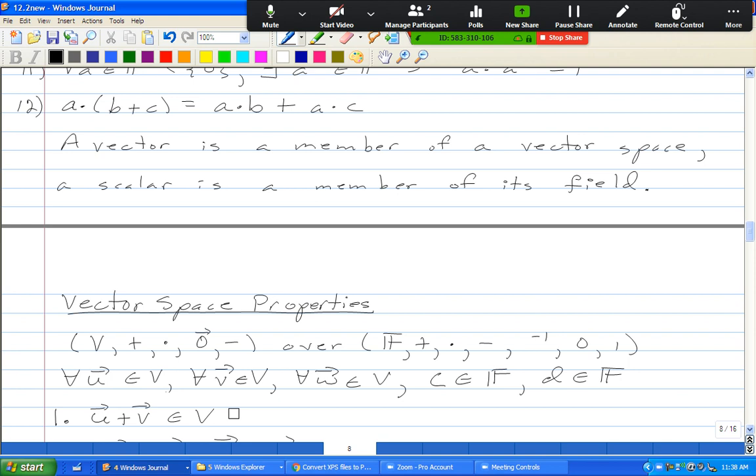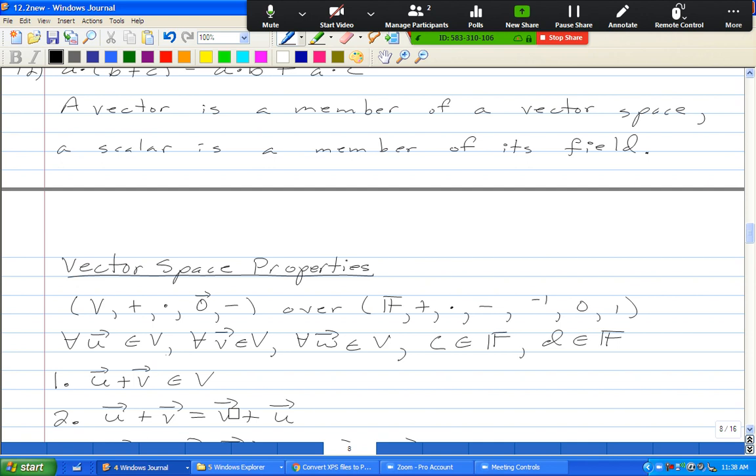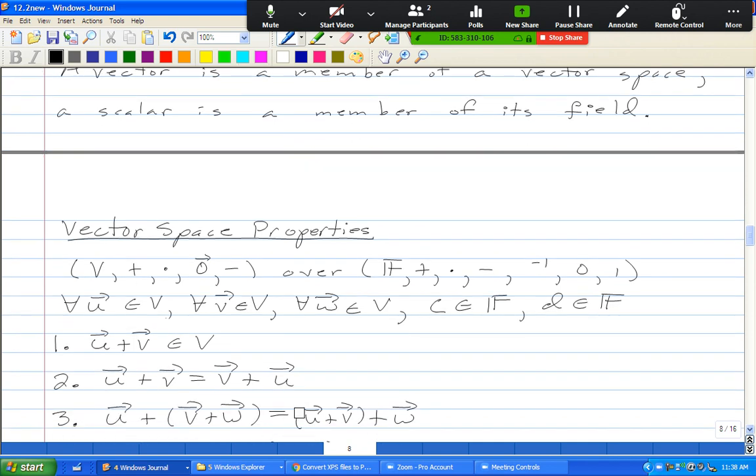Okay. Next, these vectors satisfy the commutative property of vector addition. So U plus V is equal to V plus U. They also satisfy the associative property for vector addition.